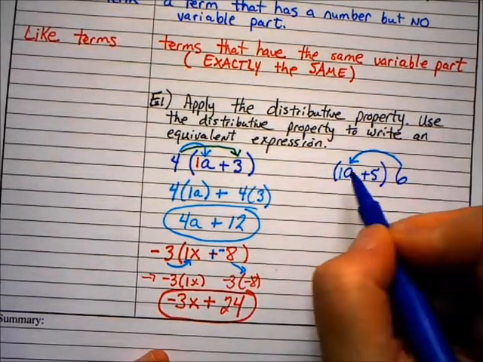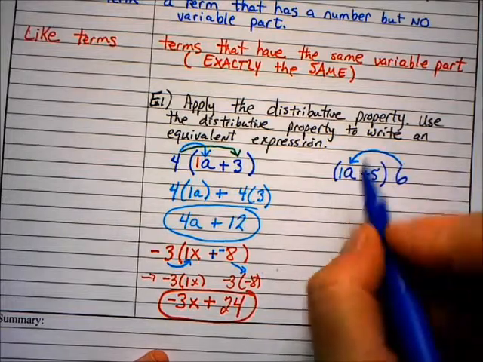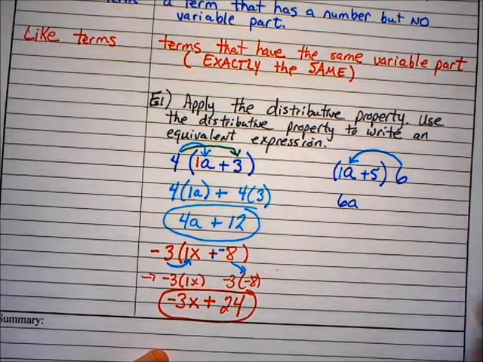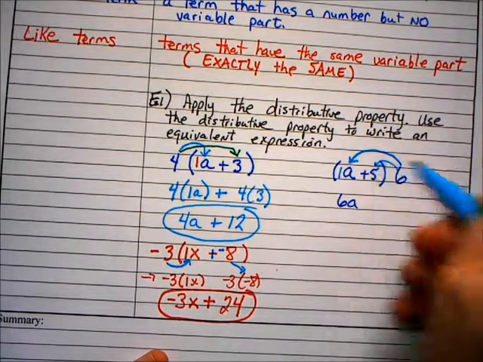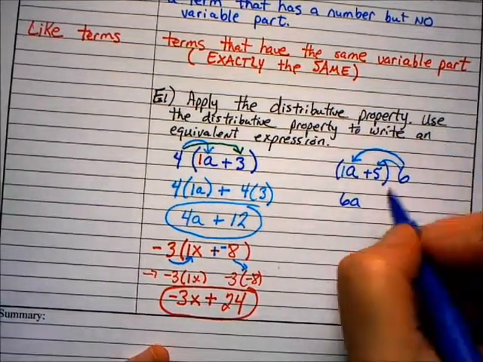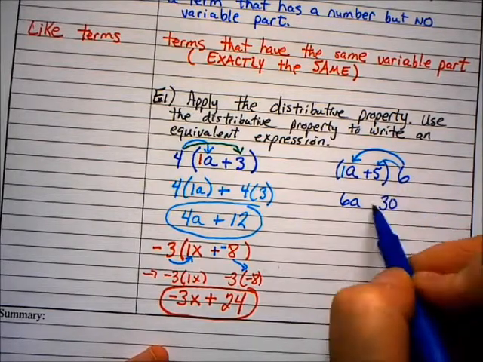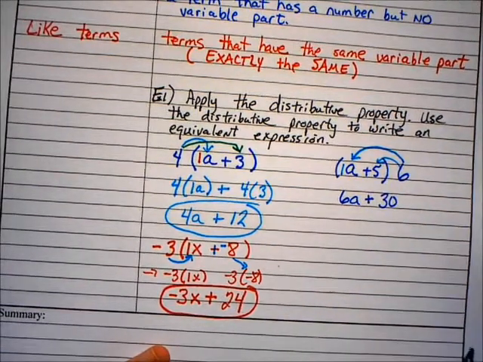So that would be 6 times 1a. Well, 6 times 1 is 6, and then I just bring the a over. And then my next step would be to multiply 5 and the 6, which is 30. 5 times 6 is positive 30, so I'll put a plus sign.